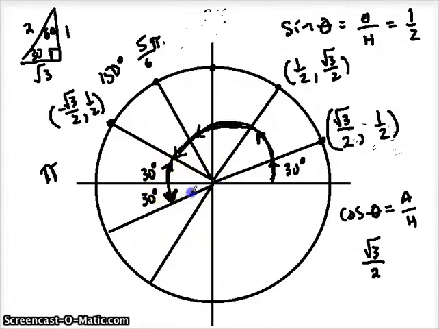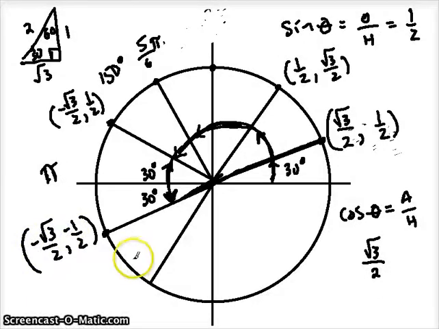And actually there's a nice little pattern here. If you continue that line all the way across, you find that they're the same values. That's another pattern that you can use to help you remember values. Look across from the unit circle. So over here we have another 30-degree increment. So we'd have the same values, square root of 3 over 2, and 1/2. And since we're in quadrant 3, they're just both negative values.